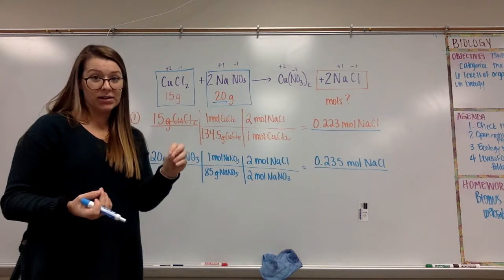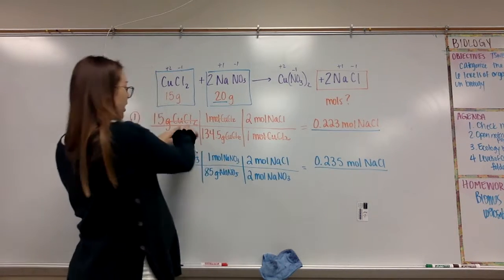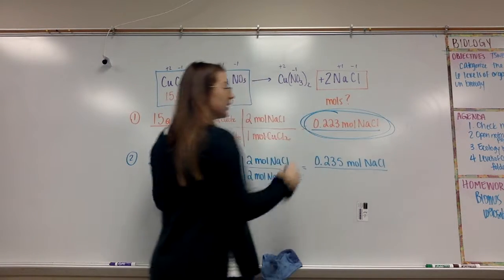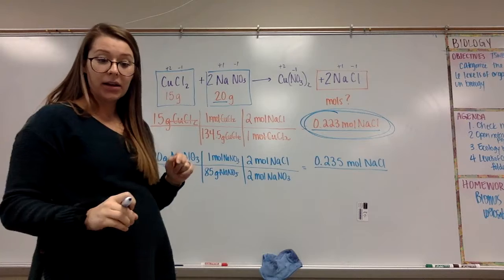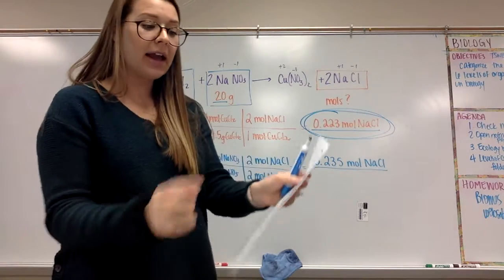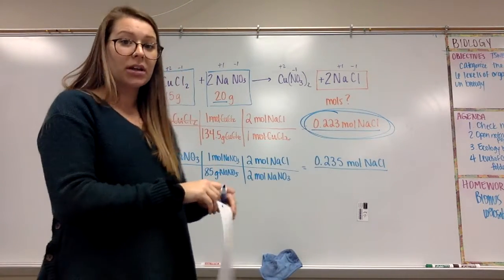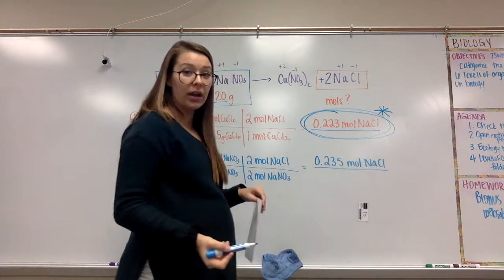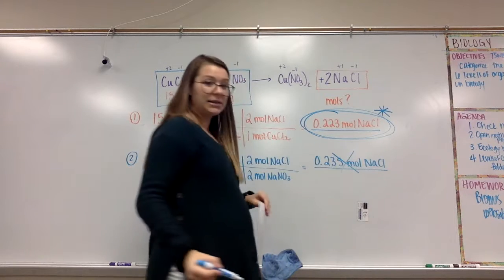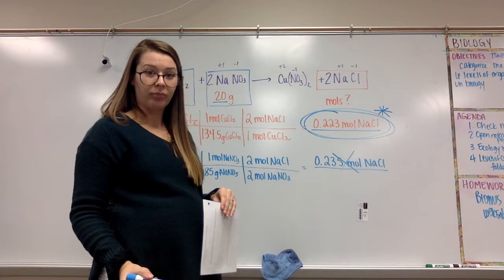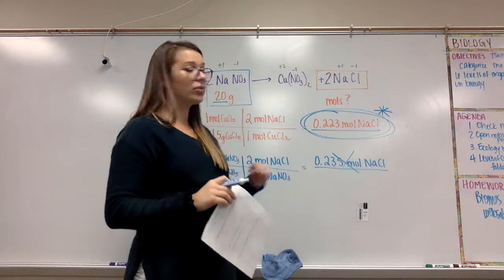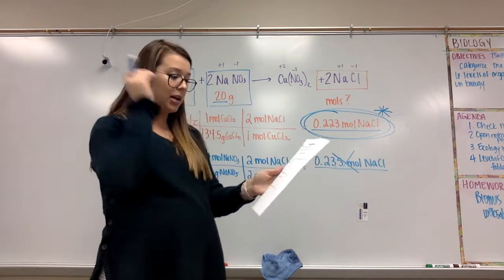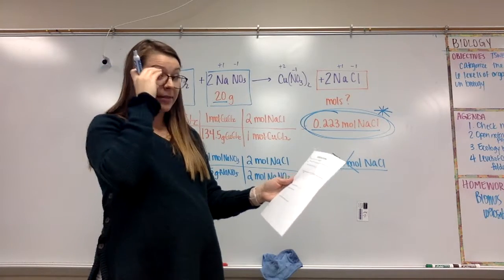So here, my copper 2 chloride makes less sodium chloride. So if I look at how much sodium chloride can be formed, your answer is 0.223 moles. So 0.223 moles is your final answer for B on number 1, okay?